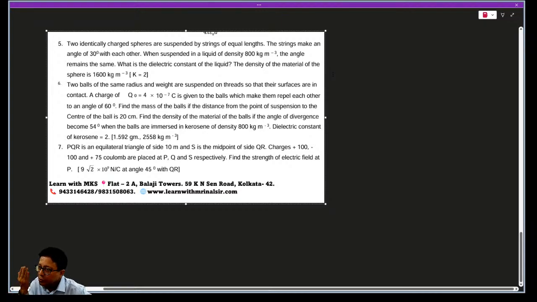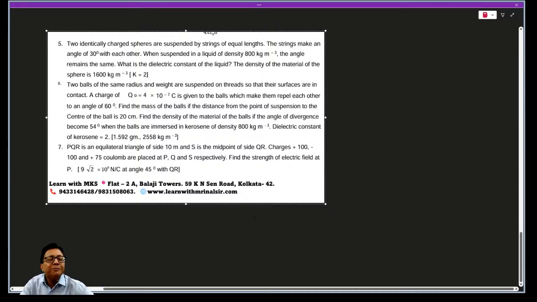So reduced to 1 by root 2 time the value is, or reduced by root 2 time. Same state, same meaning. Reduced to or reduced by. Reduced to 1 by root 2 time. Reduced by means root 2 times.